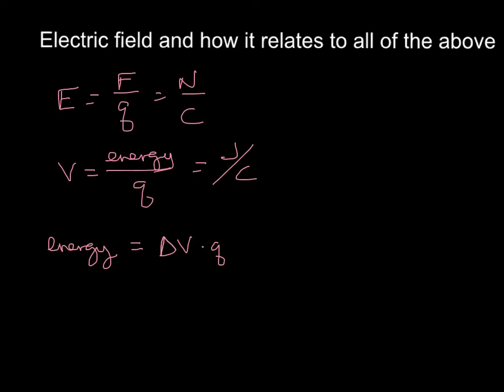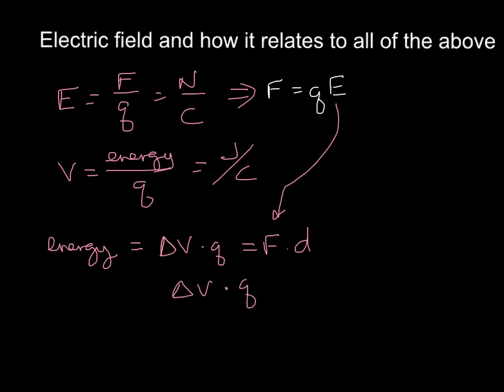So rearranging this top equation, we get that the force is equal to the charge times the electric field. And we know our energy is also our force times our distance. So we can take this and stick it in here, and then we get our change in voltage times our charge is equal to Q times E times D, which is also our energy.